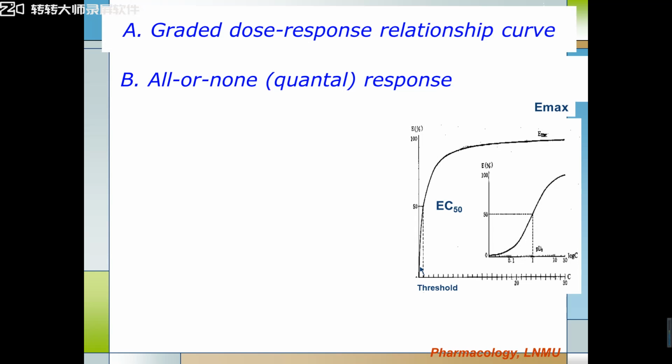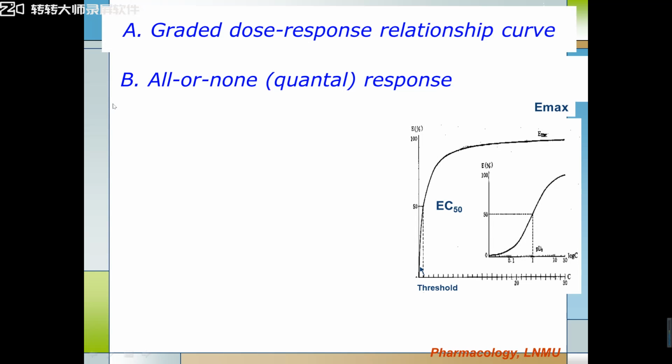However, as maximal effect is reached, further increase in histamine concentration exerts no additional effect. This log concentration-pharmacological effect curve we used is the graded dose-response relationship curve.